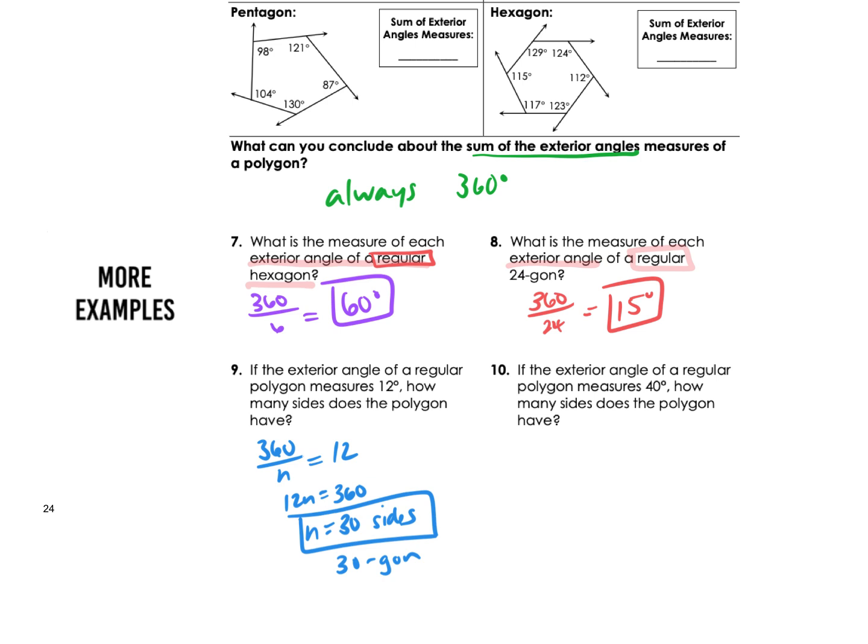All right, if the exterior angle of a regular polygon measures 40 degrees, how many sides? Go solve that one, and then check and make sure you got it right.